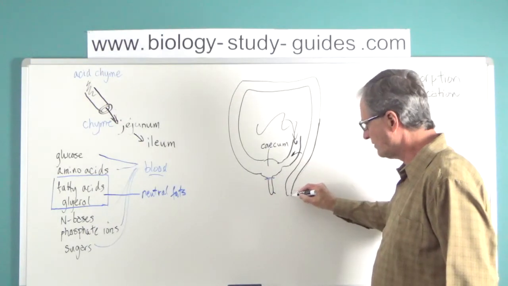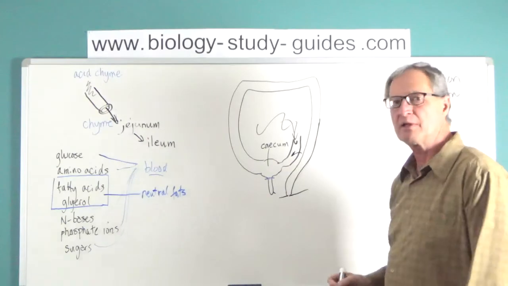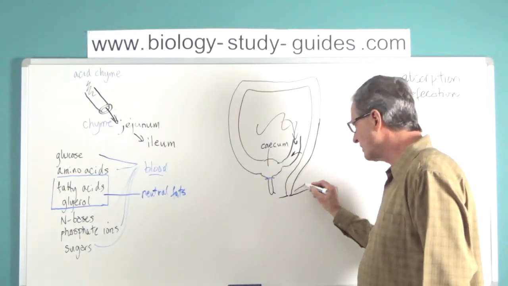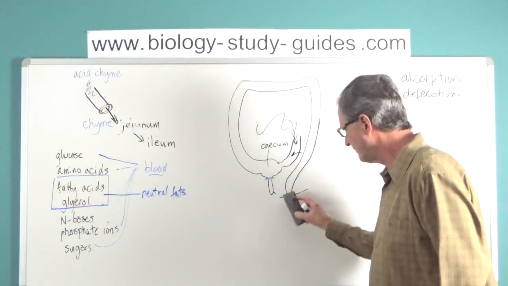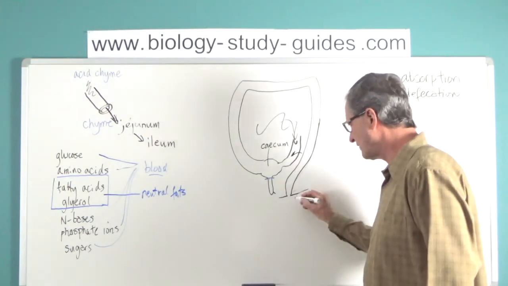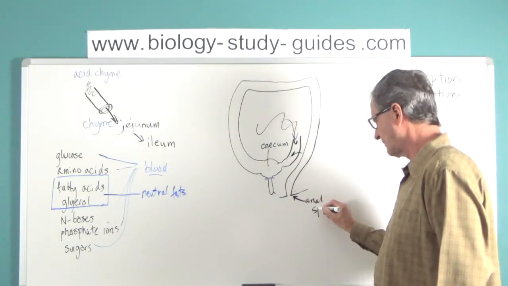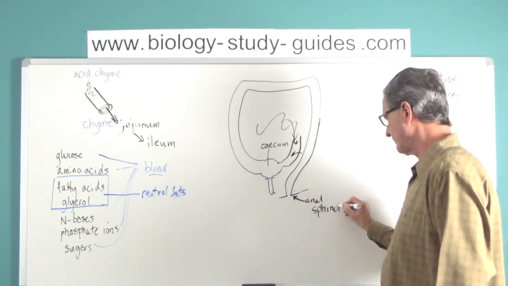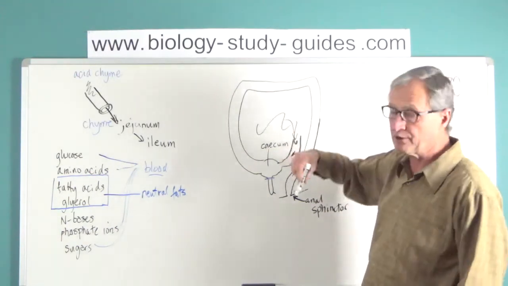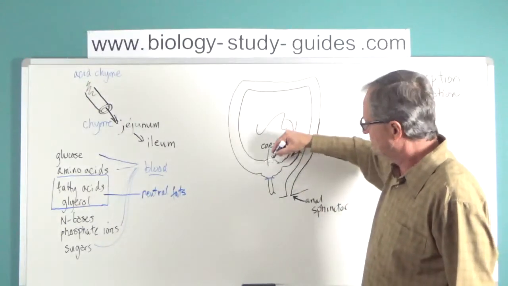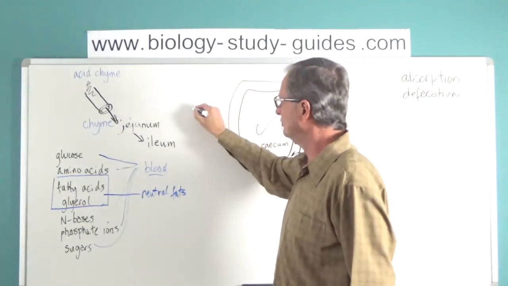There's another sphincter here, and after that sphincter is outside. This sphincter here is the anal sphincter. So if you look at the large intestine, or we call it the colon as well, the cecum's here. It's got a part that goes up. It's called the ascending loop.